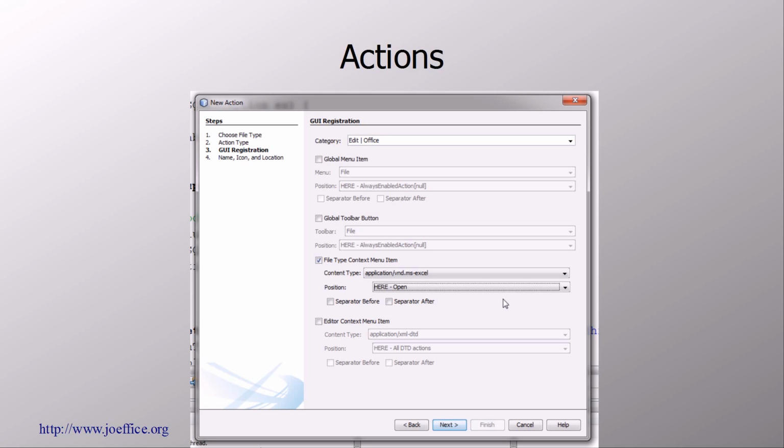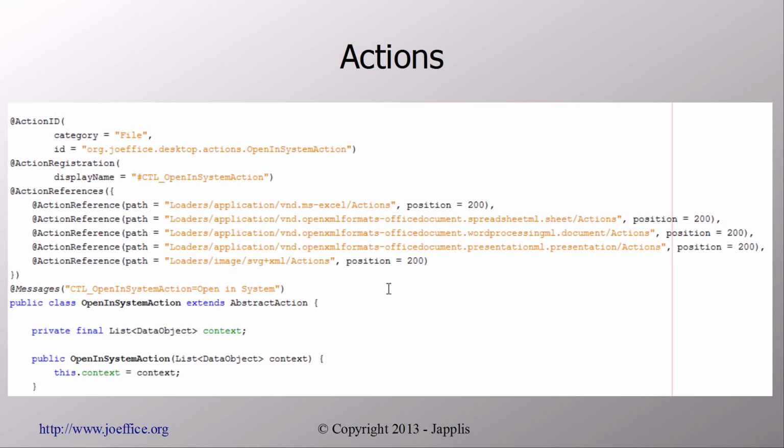We want to have it in the menu when you right-click on the file. So here you can specify that it's a file type context menu item, and you can specify within this menu where you'd like to have it. We generate for you the annotations.